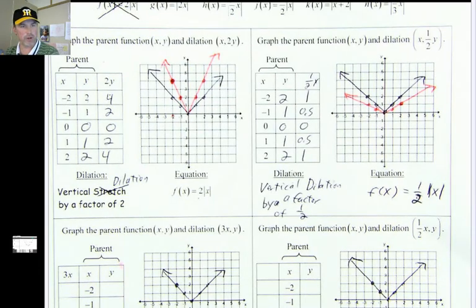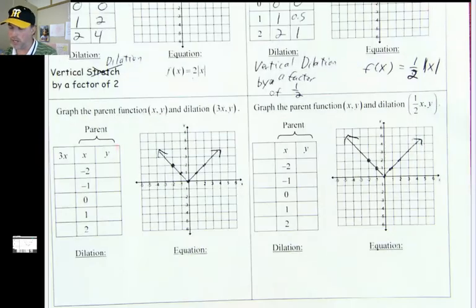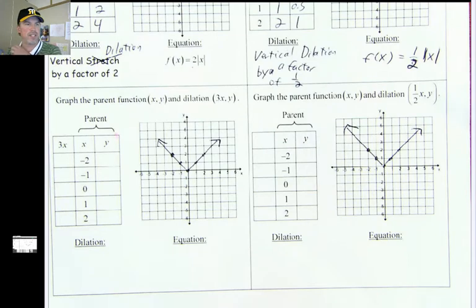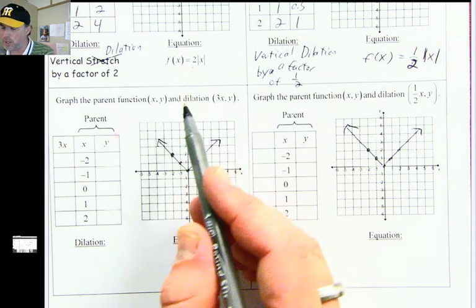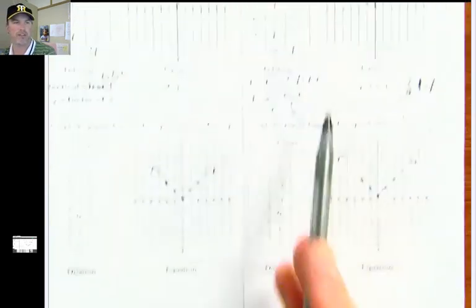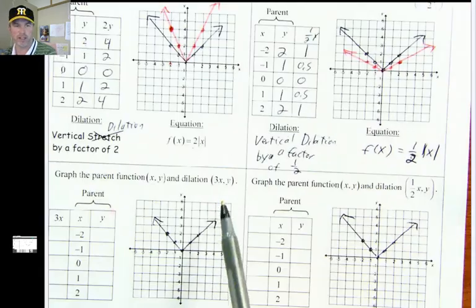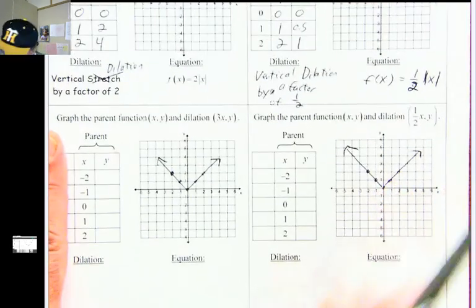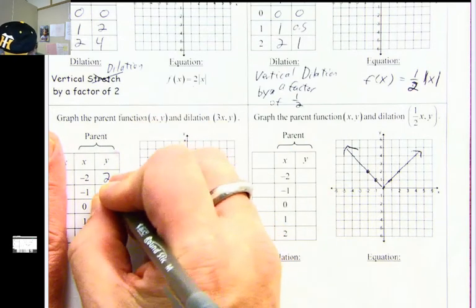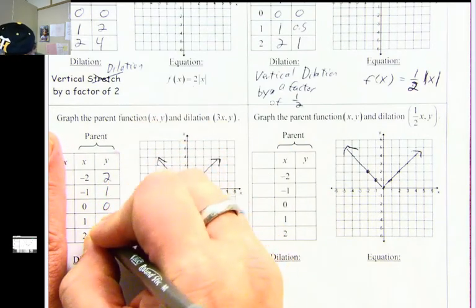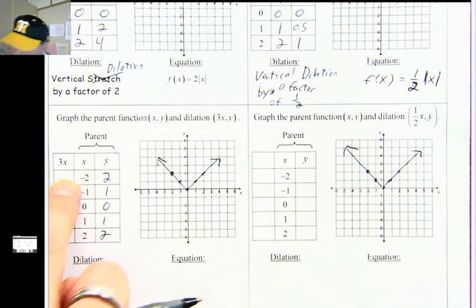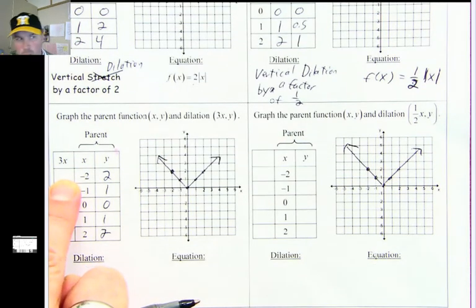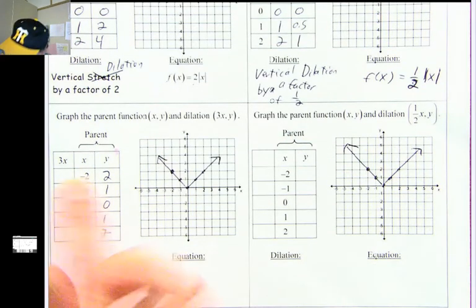Okay, so that's vertical dilations, and then same idea. But what's happening if instead of multiplying the y-coordinate by 2, what if you're multiplying the x-coordinate by 3? So the parent function would be the same, -2, 2, -1, 1, 0, 0, 1, 1, 2, 2. Then this time, instead of multiplying the y-coordinates by a number, we're multiplying the x-coordinates.